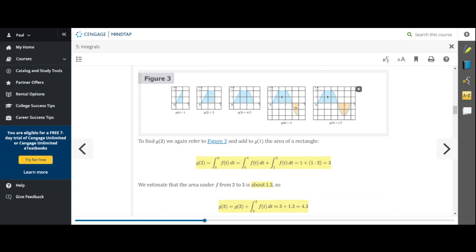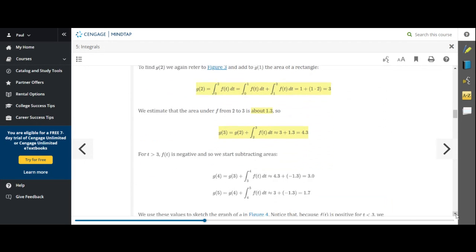If you were to go from 2 to 3 in that third picture with a height of 2, base times height would be 1 times 2, which is 2. They're assuming about 65% of that second rectangle is shaded, and that's how they're getting 1.3. So it's an approximation. Okay, and they keep going and going.